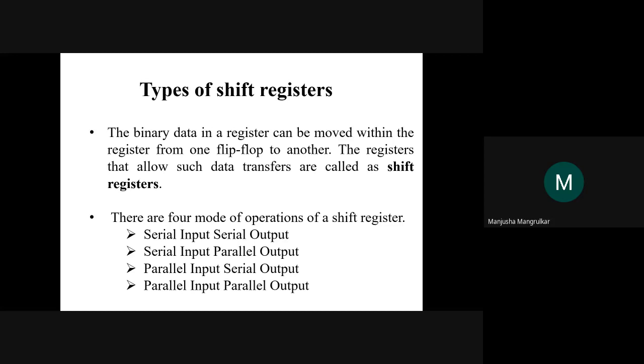All the flip-flop data will come out. Then parallel in, serial out: in parallel means the data comes to all the flip-flops at one time, but that data goes out in a serial way. The last type is parallel in and parallel out, so PIPO.